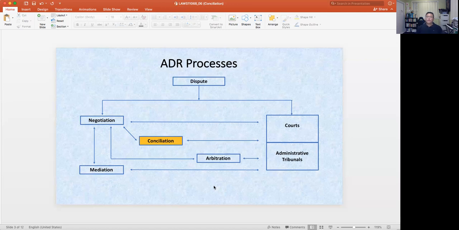And of course, we need to realize that sometimes mediation might in fact be a critical component to a court process, in the sense that, for example, under the Family Law Act of 1975 Commonwealth, before an applicant can file an application for a parenting order, that applicant must first have tried to undertake mediation through a family dispute resolution practitioner.